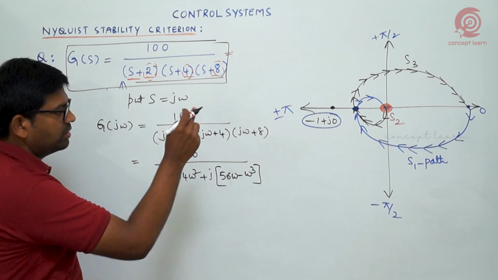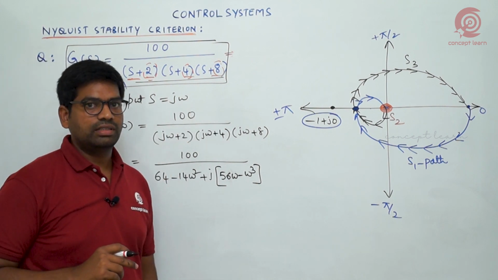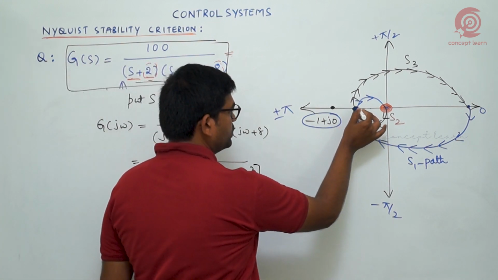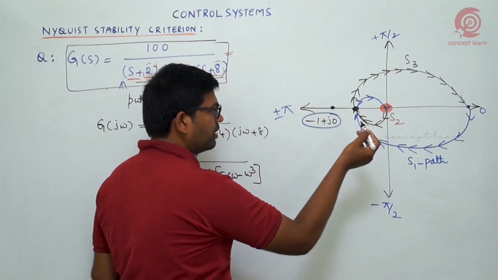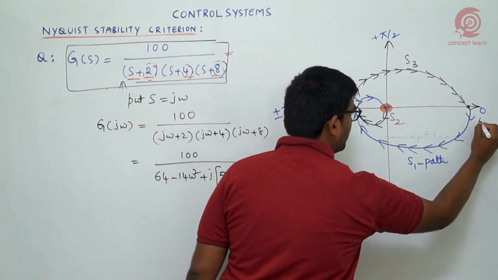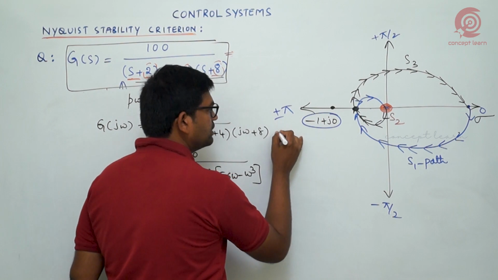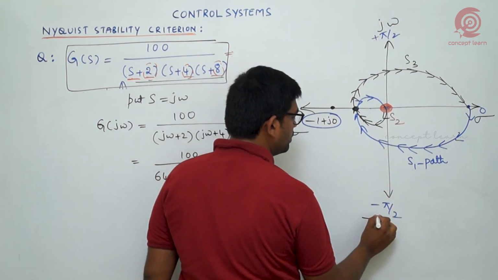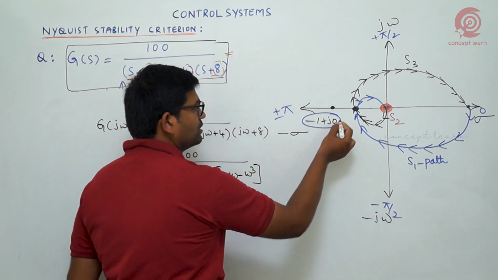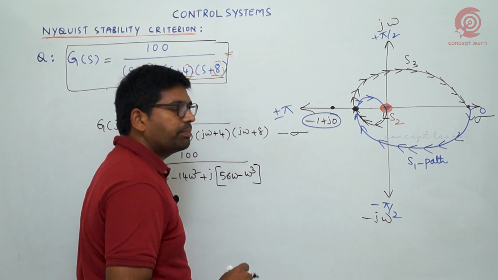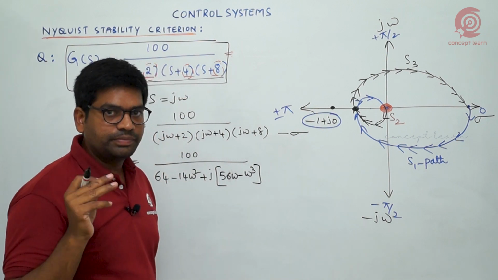But if you just look into our Nyquist path, where is that crossing located when you follow the notation of the S-plane? Positive real axis, negative real axis, positive imaginary axis, negative imaginary axis. So it is on the negative real axis. Real axis means the imaginary part must be 0.